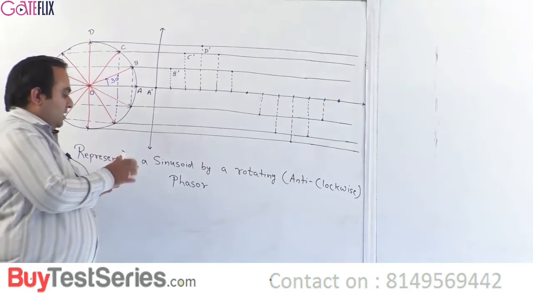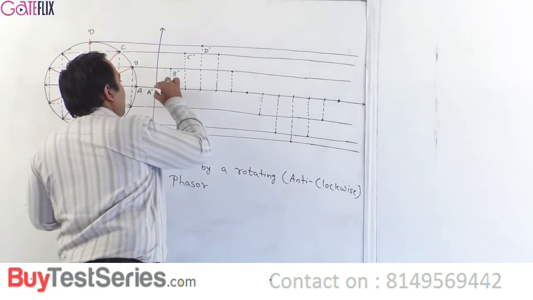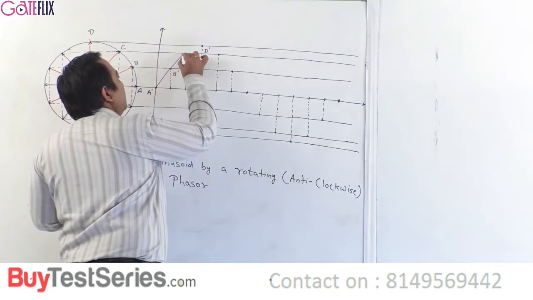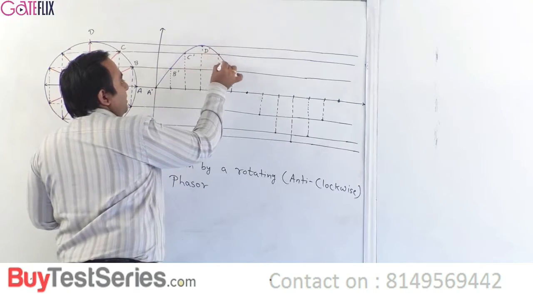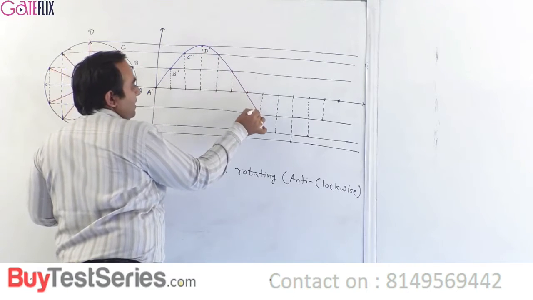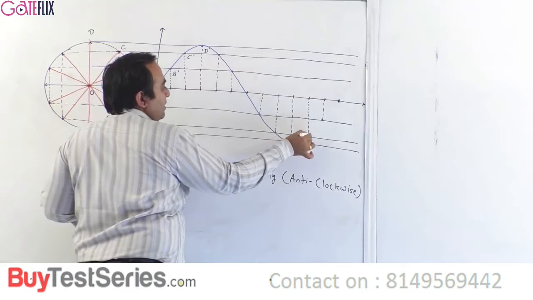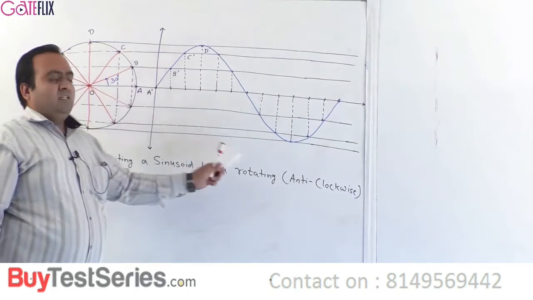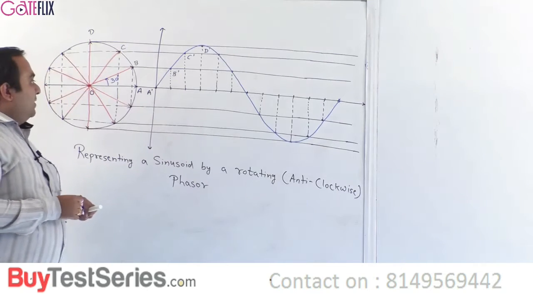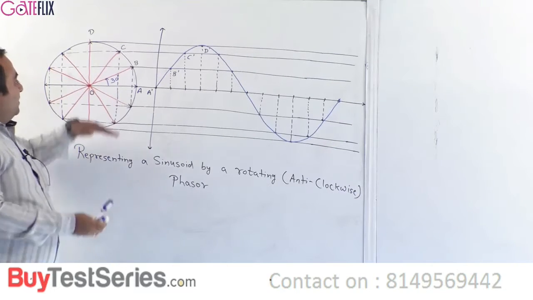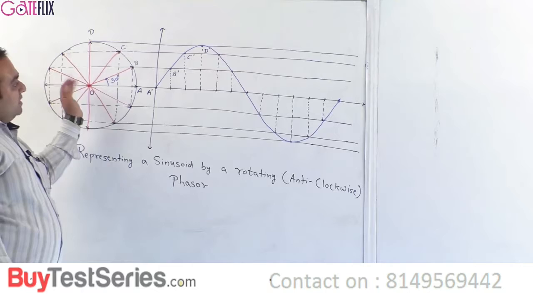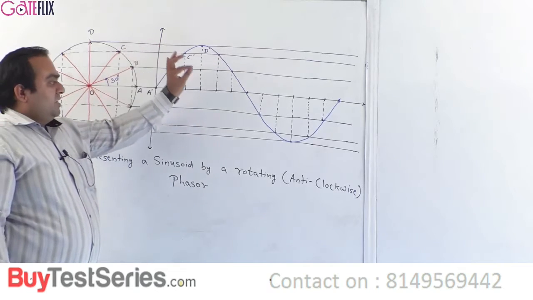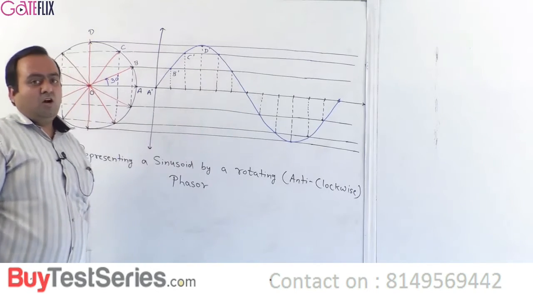So you can join these points by a smooth curve, and you can then say that it is a perfect sinusoid. What is happening is, as the phasor is rotating anti-clockwise, the vertical projection is following the sine law.